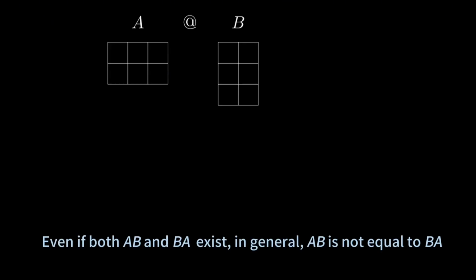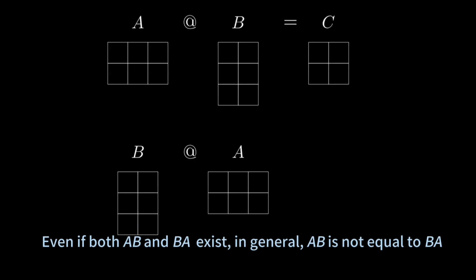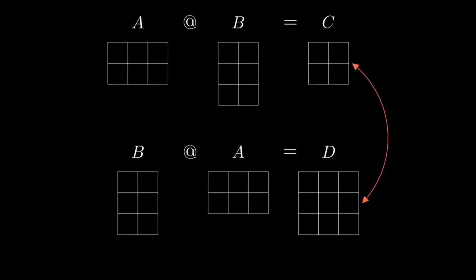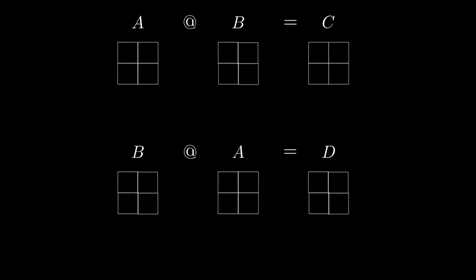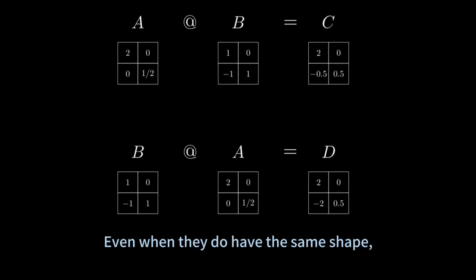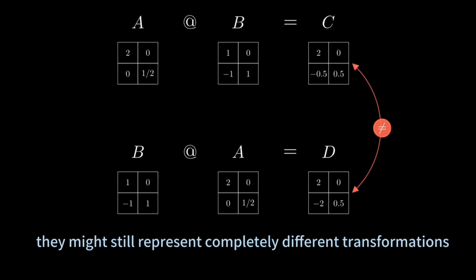Even if both A times B and B times A exist, in general, AB is not equal to BA. Sometimes, AB and BA don't even have the same shape. Even when they do have the same shape, they might still represent completely different transformations.